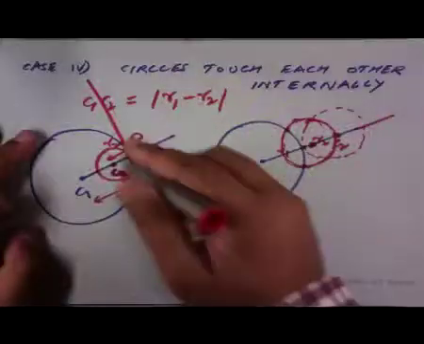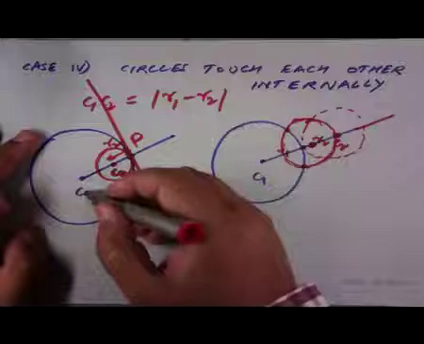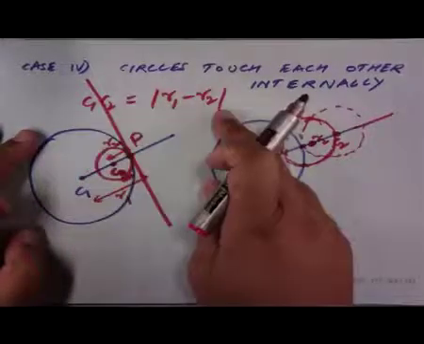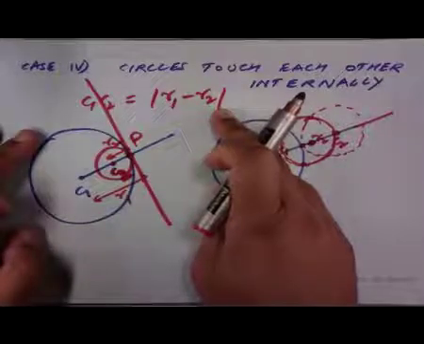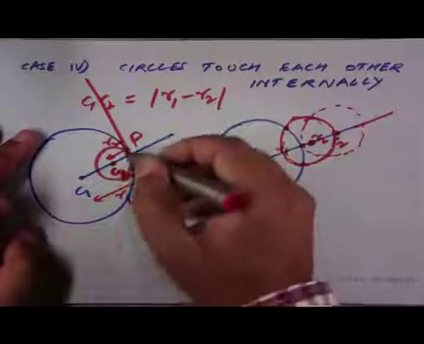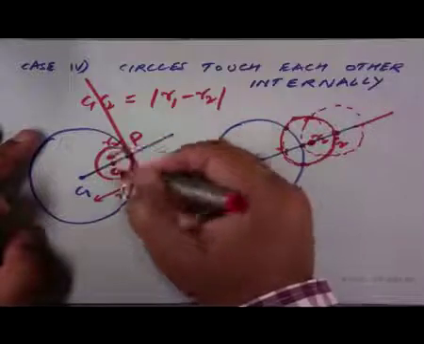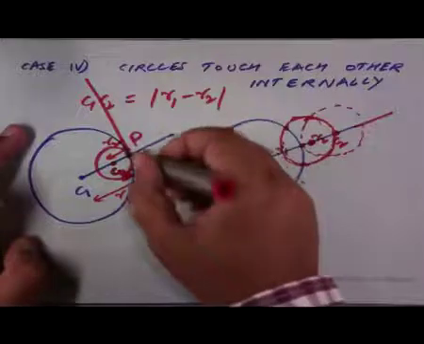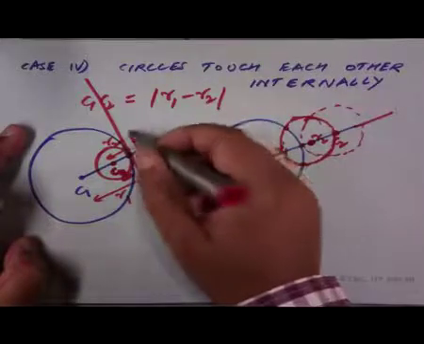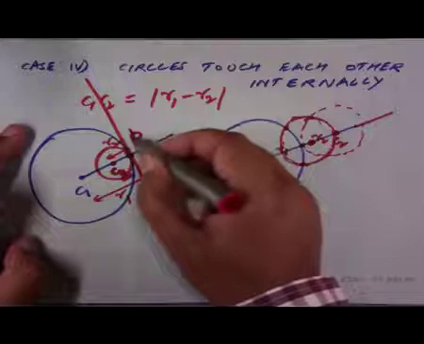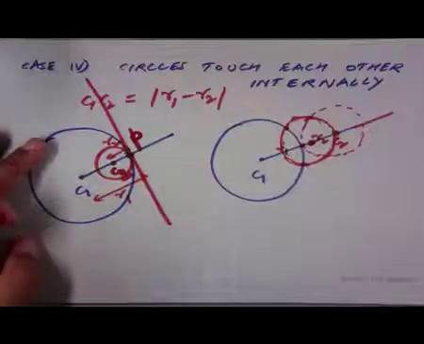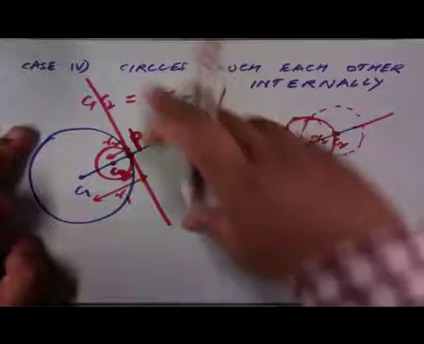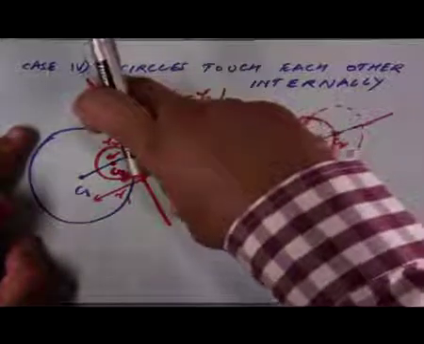As the center of the smaller circle comes closer and closer to the center of the first circle till this condition is satisfied, we can clearly see that the second circle touches the first bigger circle internally at this single point of contact P. In that case there is only one common tangent, and this is a direct common tangent.